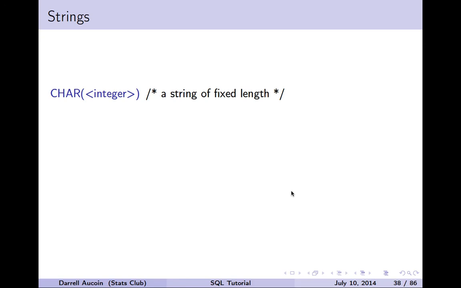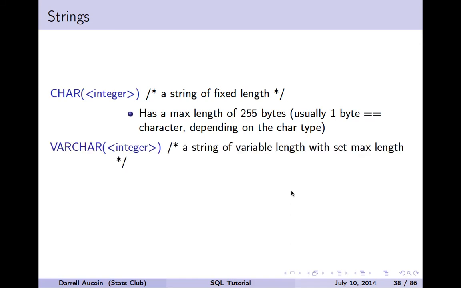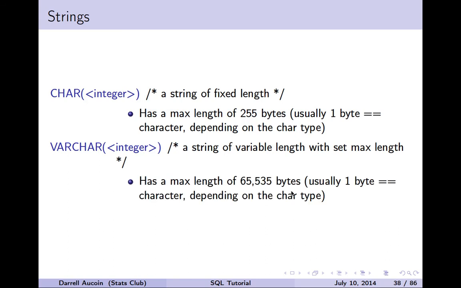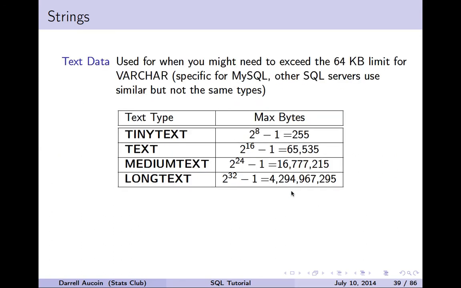Chars are basically for strings of fixed length, and varchars for variable length with the max length as you specified. Usually 1 byte is 1 character. There are also bigger ones.